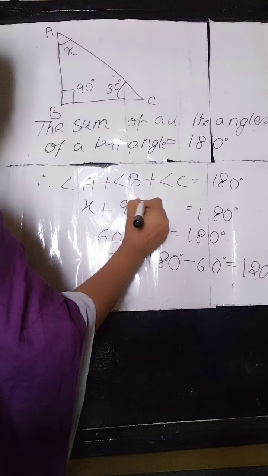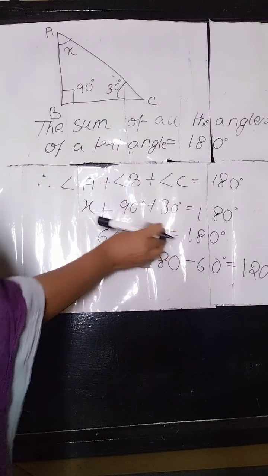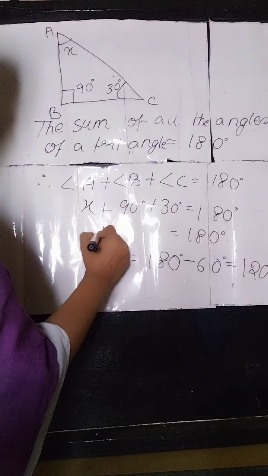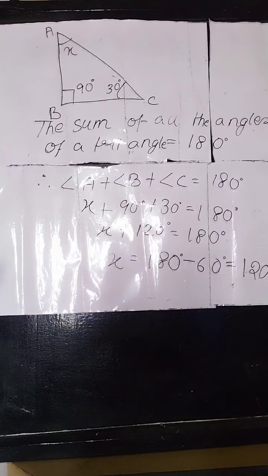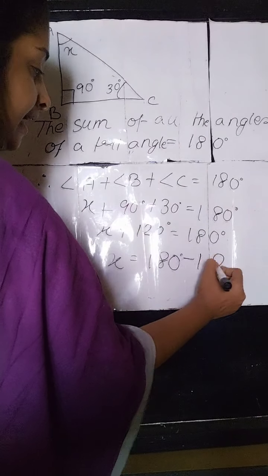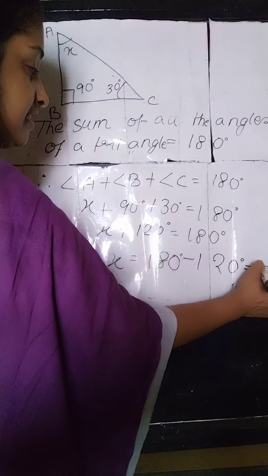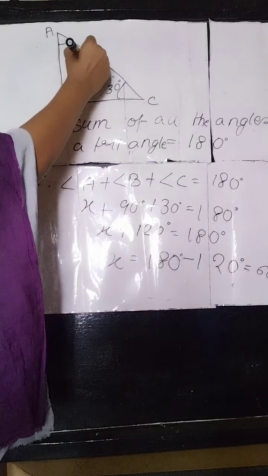So 90 degree plus 30 degree, ultimately you get x plus 120 degree equals 180 degree. So x equals 180 degree minus 120 degree, that is 60 degree. 60 degree is the value of the missing angle A, x.